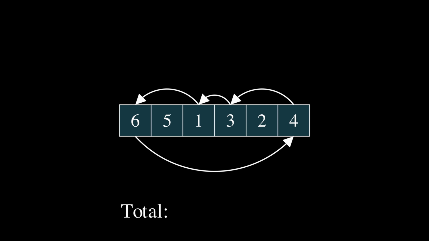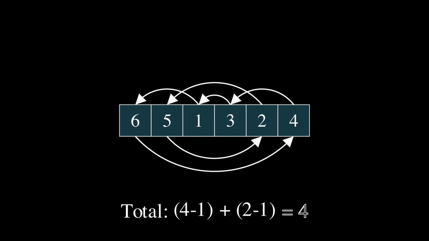Each cycle will require the length of a cycle minus one swaps to resolve, and you can add these up to get your final answer. This is because in each swap, you will put one element in the correct position, except the last pair in a cycle, which will put two elements in the correct positions.